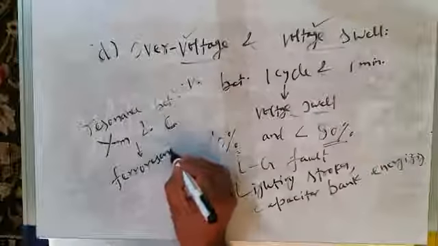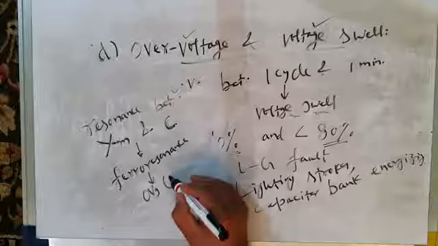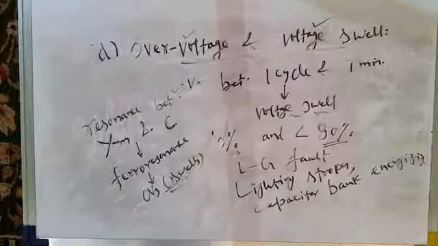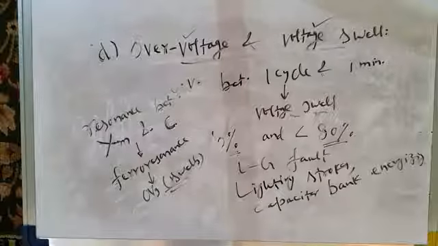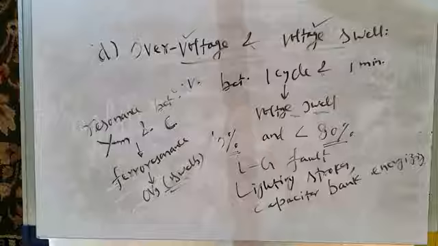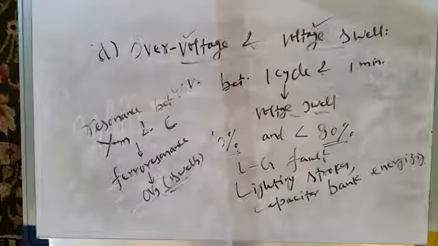And this ferro resonance gives rise to over voltages, that is voltage swells. And these over voltages, because of ferro resonance, last for a longer period, and they may cause severe damage to power system equipment. So that was about over voltage.